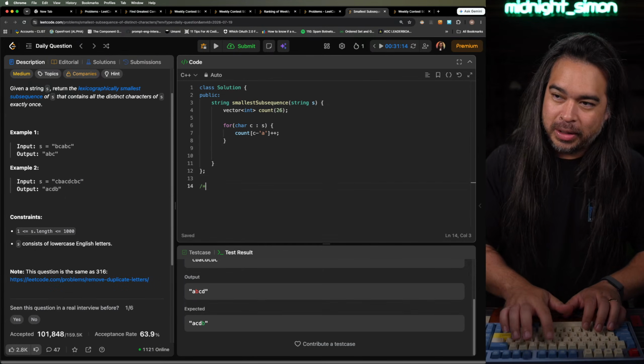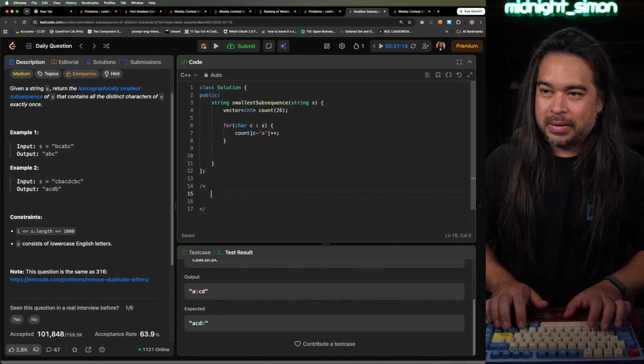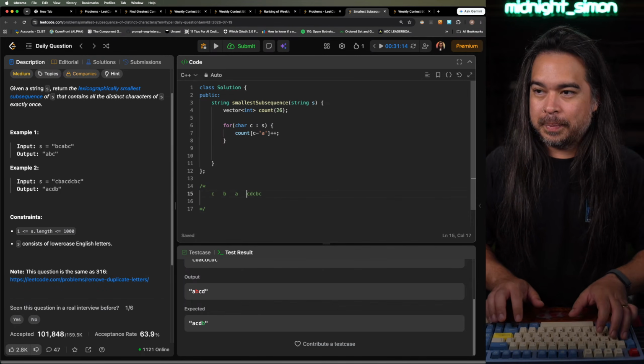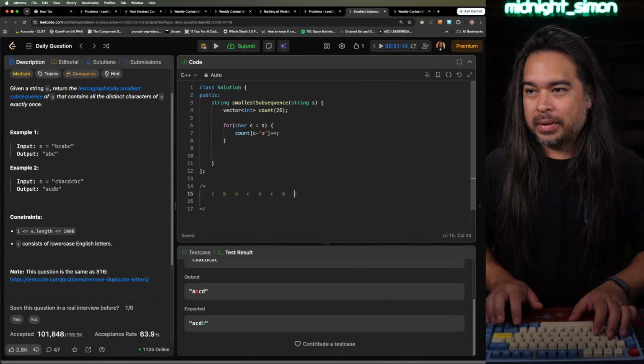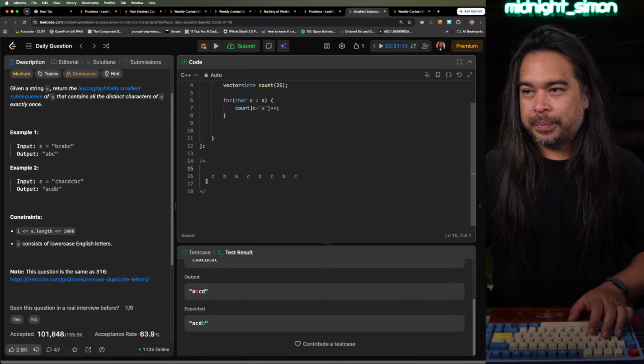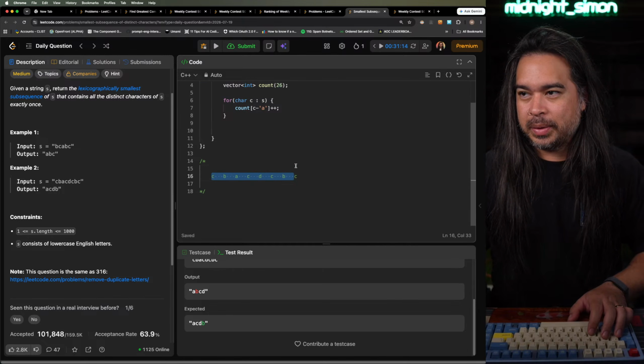Like I'm struggling right now. Alright, so this one we have 4 distinct characters, A, B, C, D. The answer is C something there.